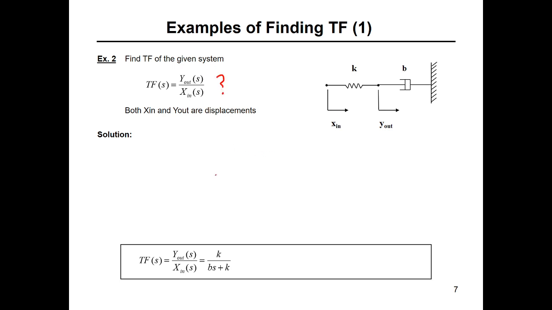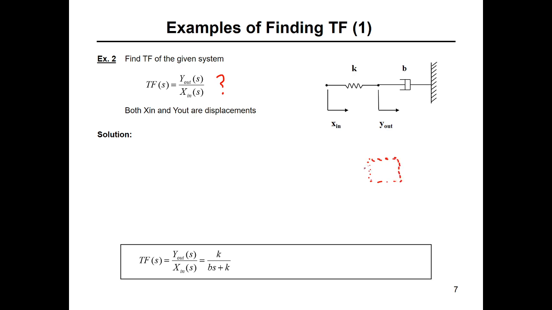So how are you going to do this? You need the equation of motion. How are you going to derive the equation of motion? You need the free body diagram, right? So I'm going to draw. And by the way, this is a problem: we don't have a mass here, but we have a degree of freedom. So how are we going to handle this? For beginners only, just for understanding, I will assume I have an imaginary mass here.